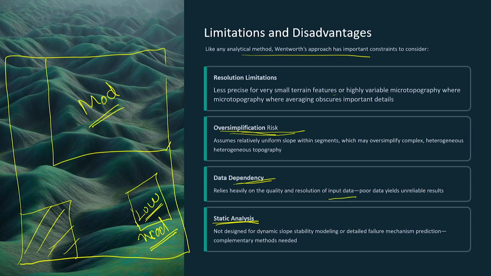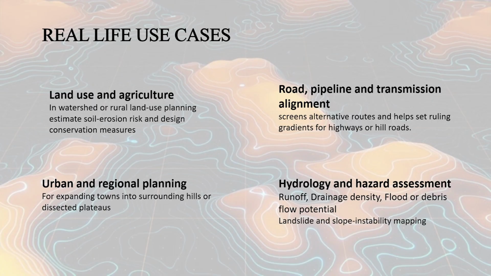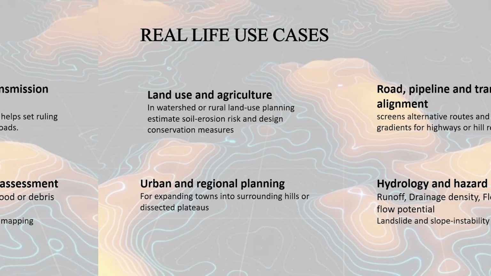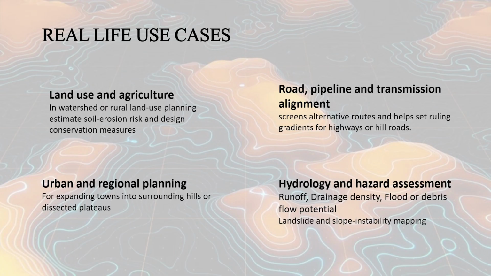Wentworth's method is better suited for something that does not change too often or something that does not involve studying real-time changes. So, these are a few of the limitations and disadvantages of Wentworth's method. We will wrap up after we take a glimpse at the real-life use cases.